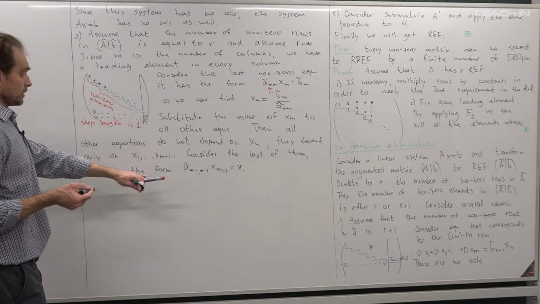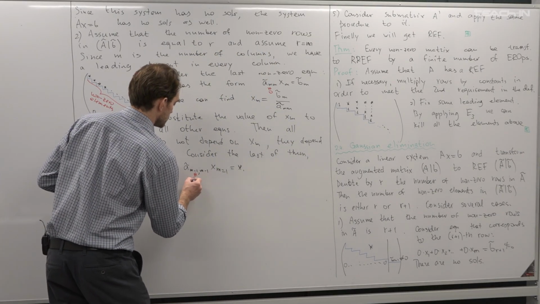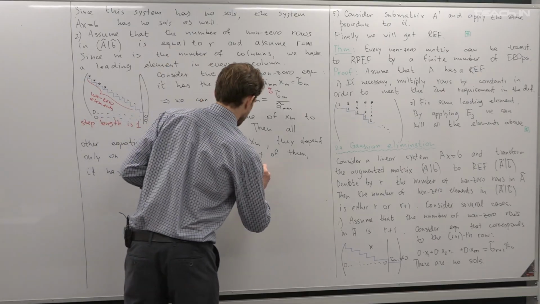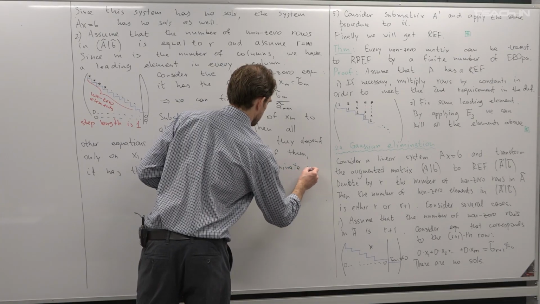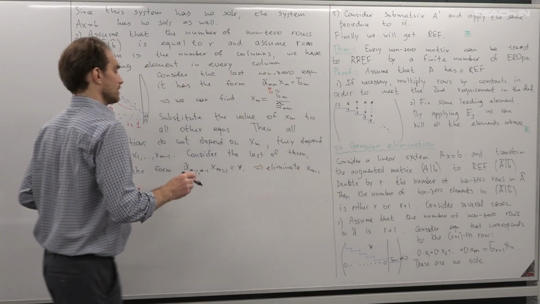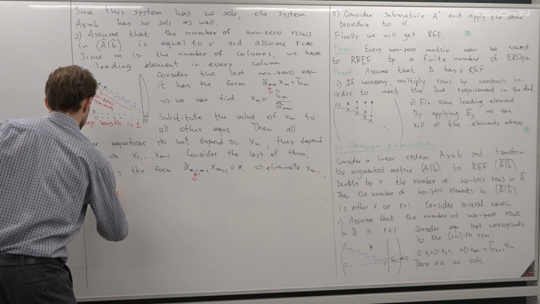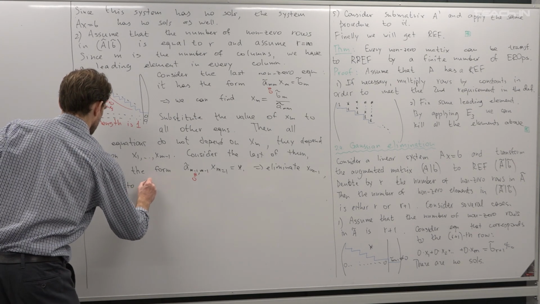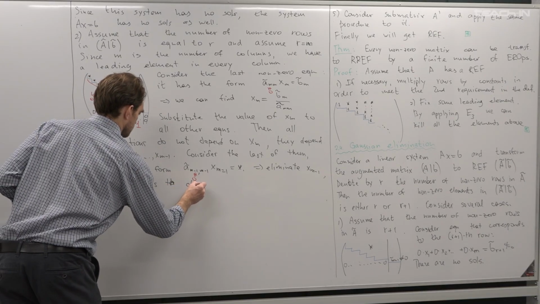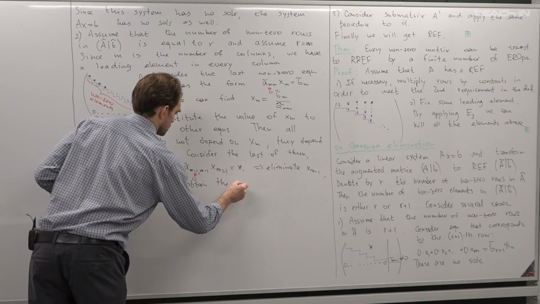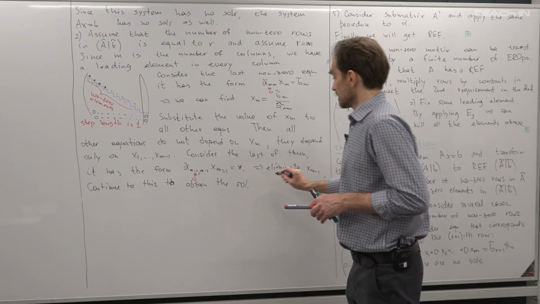This equation has this form, and since this is the leading element, it is different from 0, and so we can eliminate xm minus 1, and so on. Continue to do this to obtain the solution. And note that in this case the solution is unique.